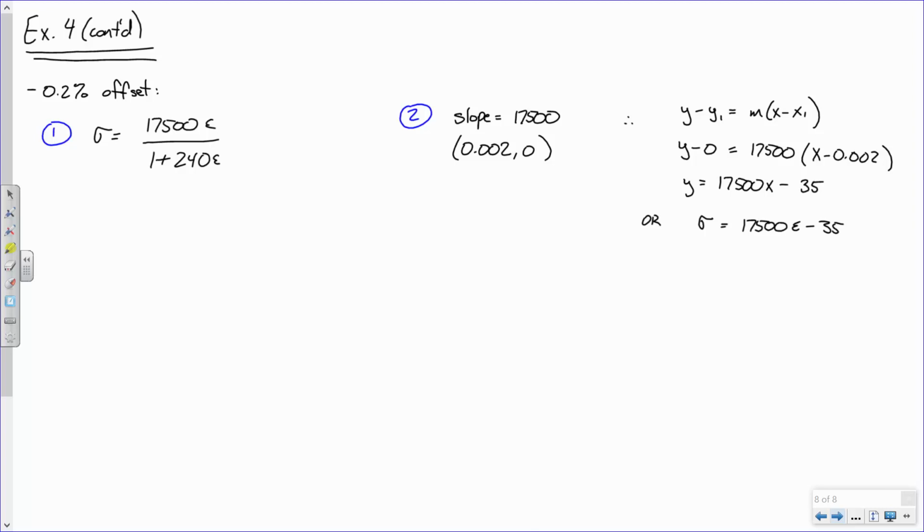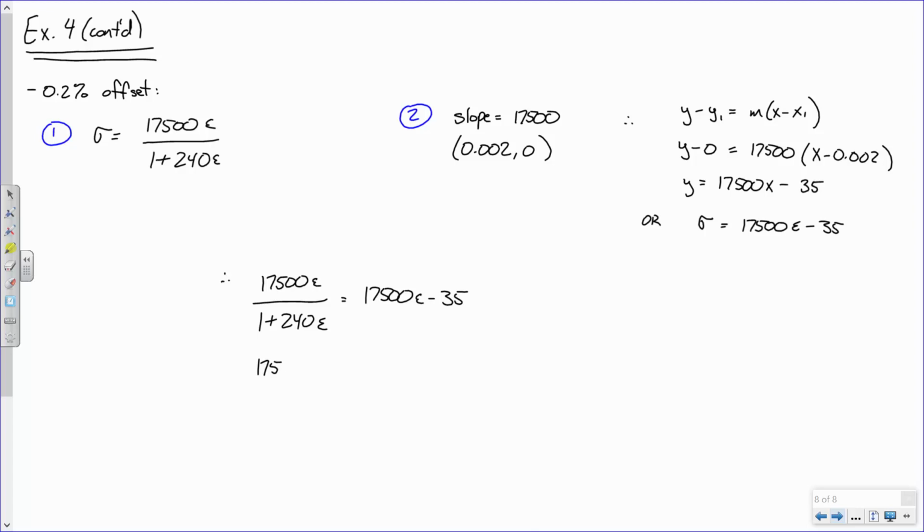Set them equal to one another. At this point, it should be a little bit of algebra.